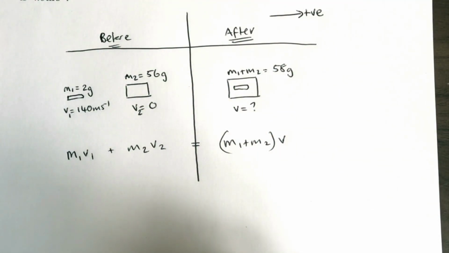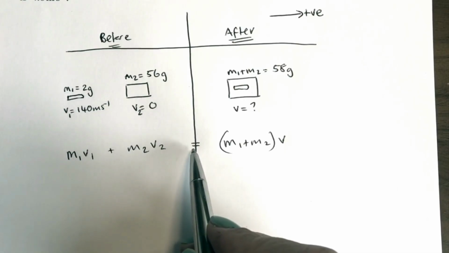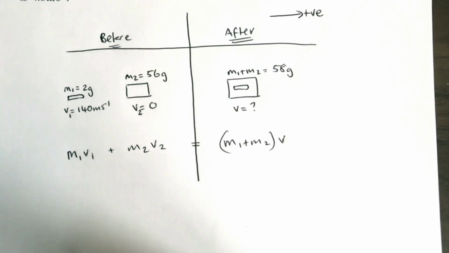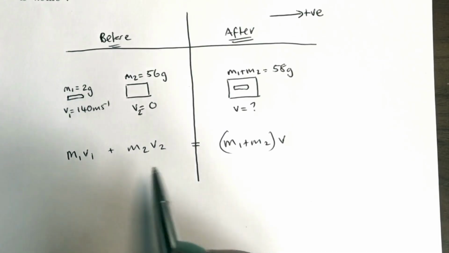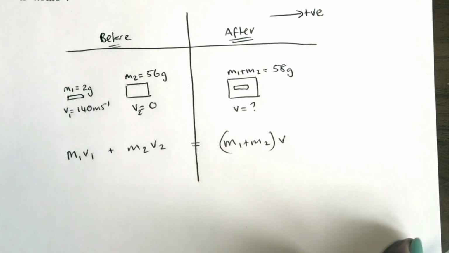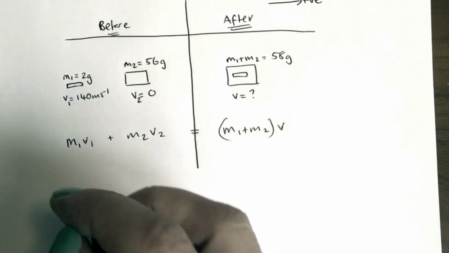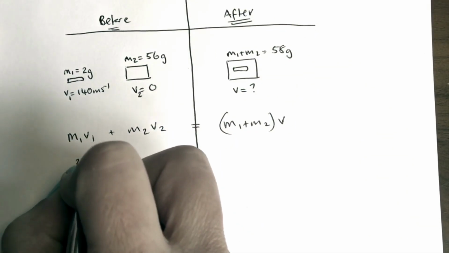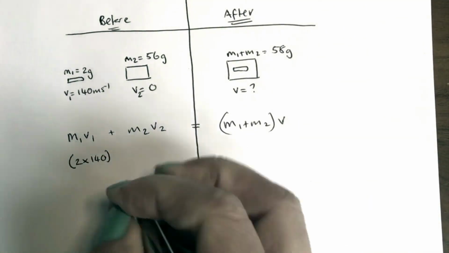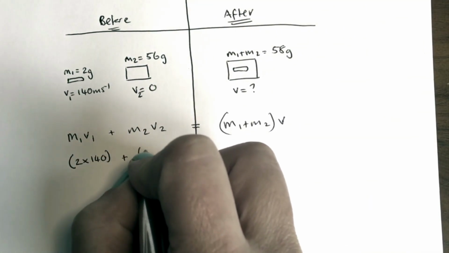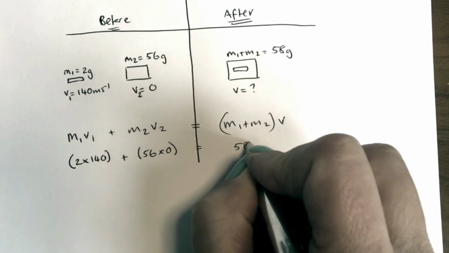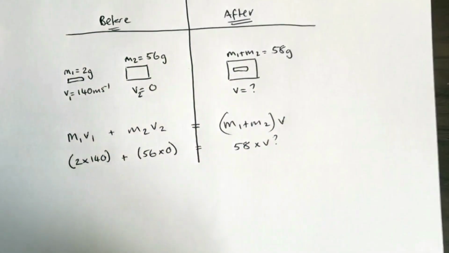For the second one, the reason we can say there is an equal sign there is because of the conservation of total momentum before equals total momentum afterwards in the absence of external forces. So we pop in our numbers, 2 times 140, and it's all going in that direction, plus 56 times 0 equals 58 times v.